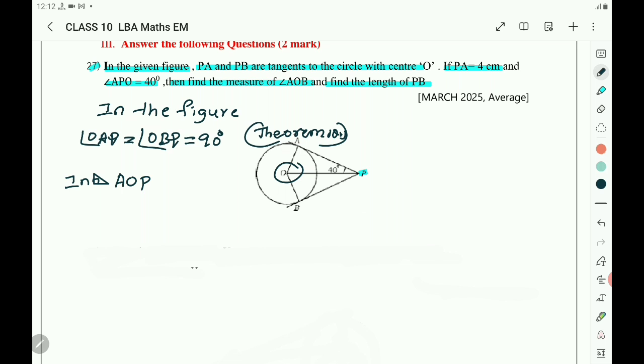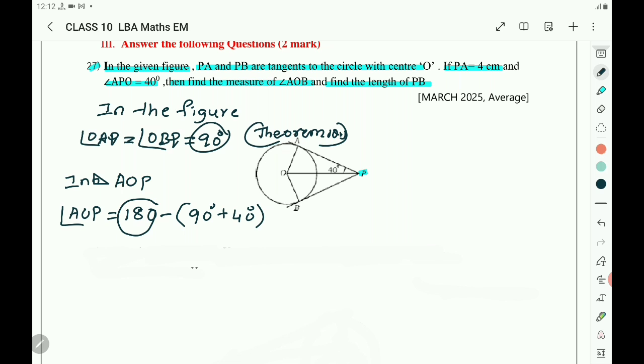First you get angle AOP. Angle AOP equals 180 minus this 90 degree angle and this 40 degree angle. 180 minus 90 degree plus 40 degree. You can use angle sum property of the triangle because 180 degree is the sum of the three angles of the triangle.